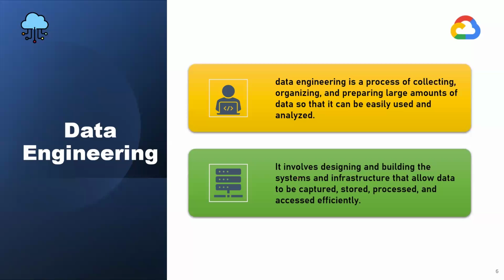The very important thing is that you create different systems, infrastructure, or pipelines which enable the data to be used and analyzed easily. So you are going to build the systems or infrastructure that allow the data to be captured, stored, processed, and accessed efficiently. This is what data engineers do.